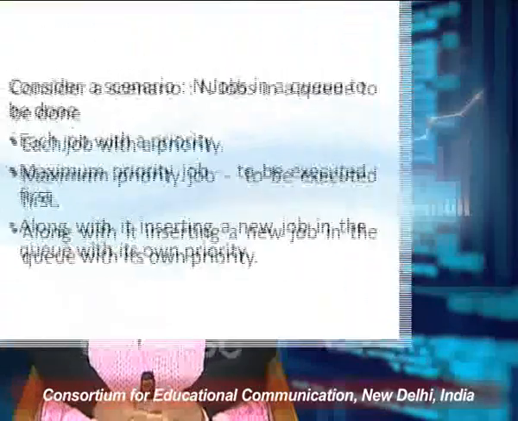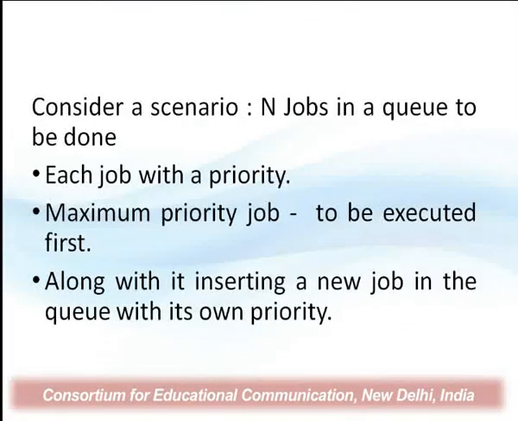So consider a scenario that there are n jobs in a queue to be done. Each job has its own priority. That priority is in the form of an integer. The higher priority job is to be executed first.